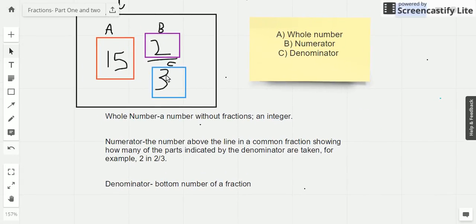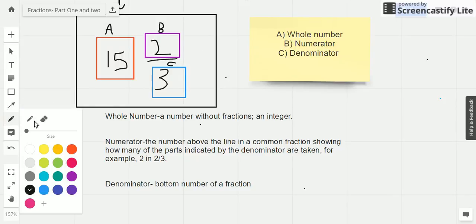The numerator is the number above the line in a common fraction, showing how many of the parts indicated by the denominator are taken. For example, 2 and 2/3.